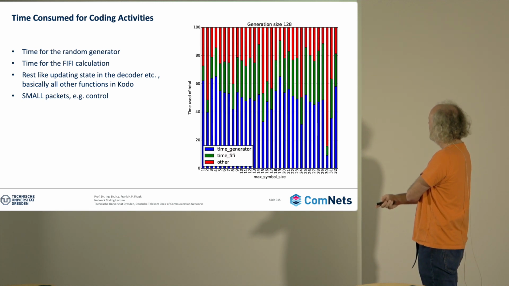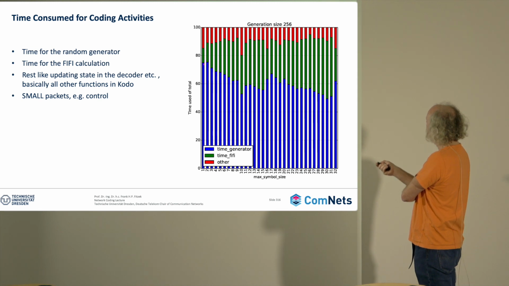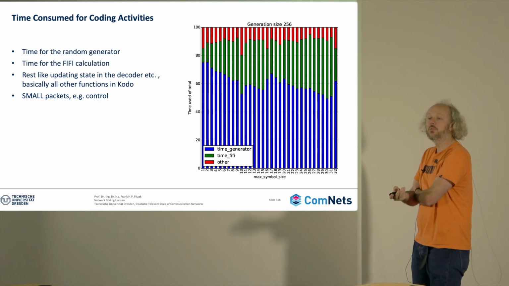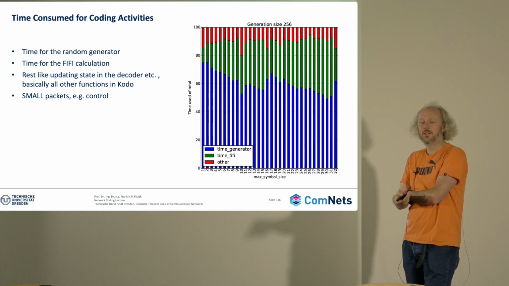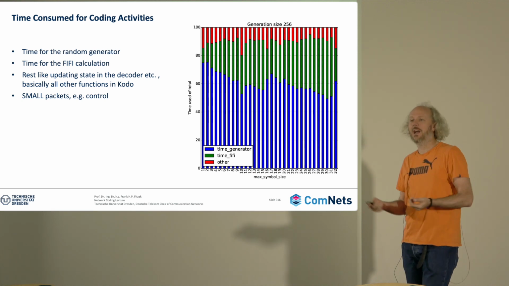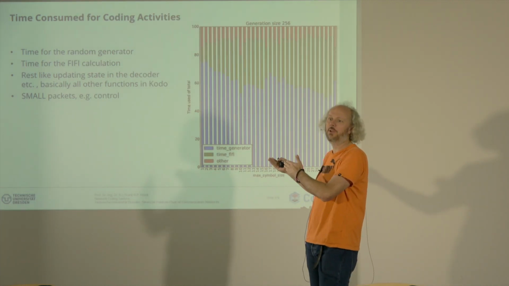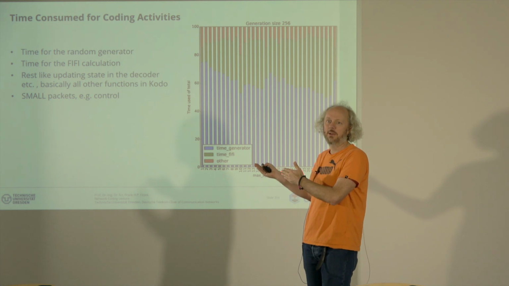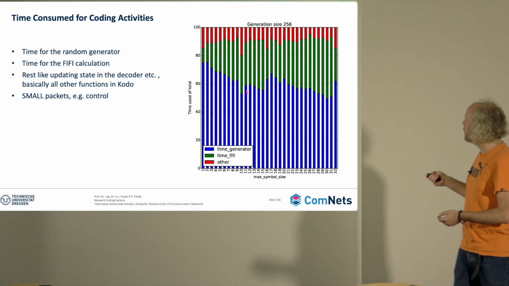I just go up to 256. So what you see here, now most of the time is used for getting the random numbers. Because it's maybe the same amount of time as I had before. The percentage is more because now the computing does not take so much time. But you're losing a lot of time just in getting out the random numbers.